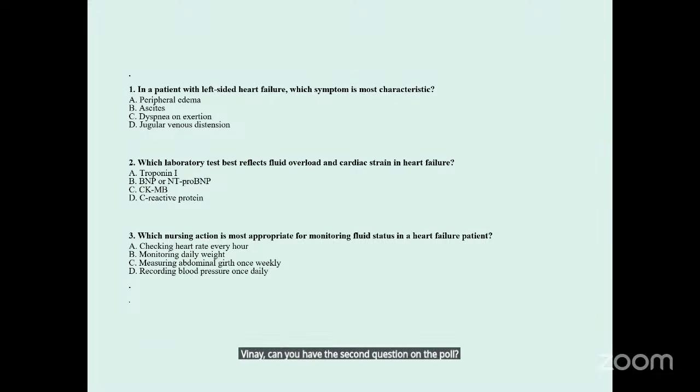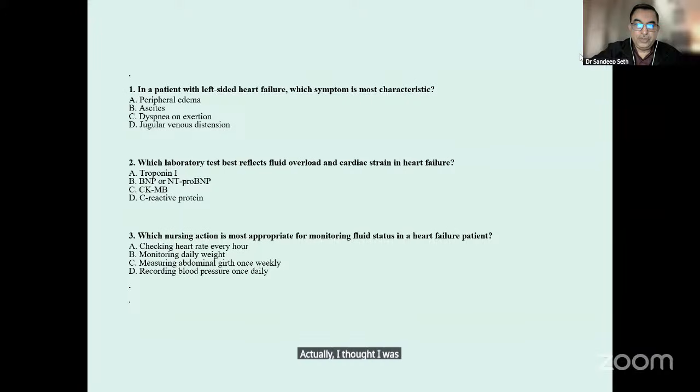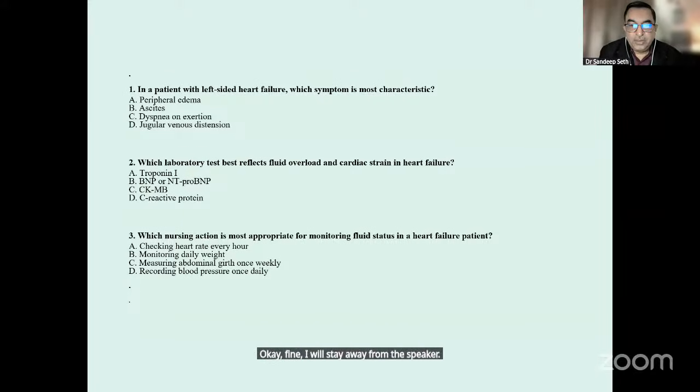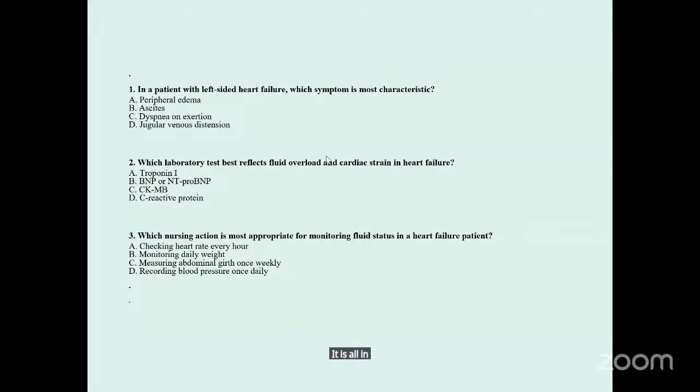Oh, yes, sir. I think a button was clicked. I thought I was supposed to end the poll for the second question. No, I will do it, sir. It is all in a single window only, sir. Okay, fine.